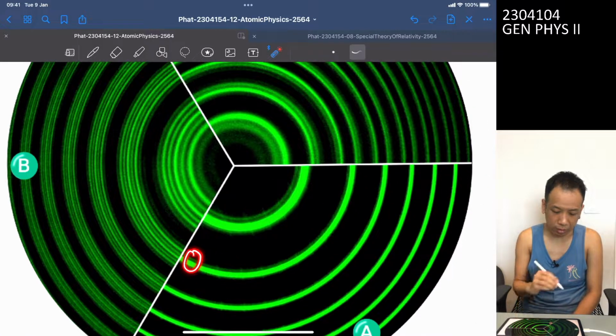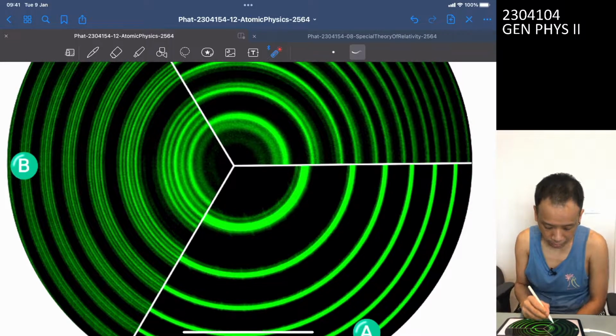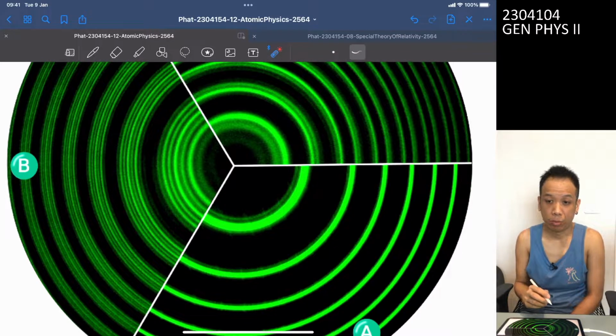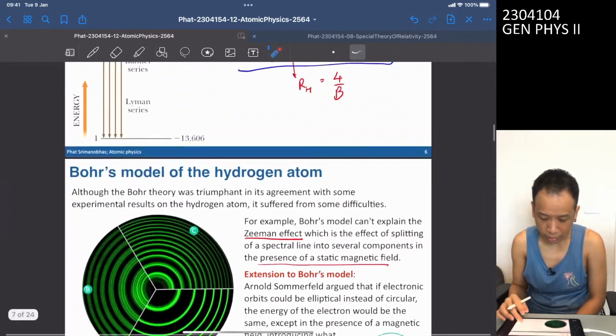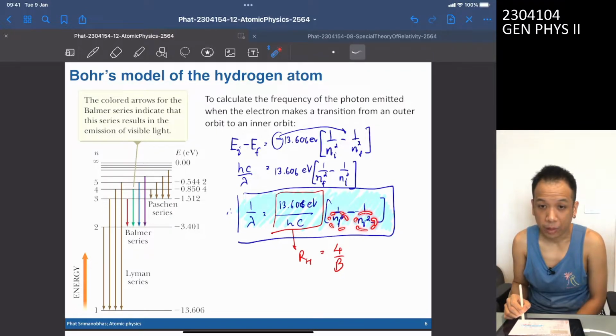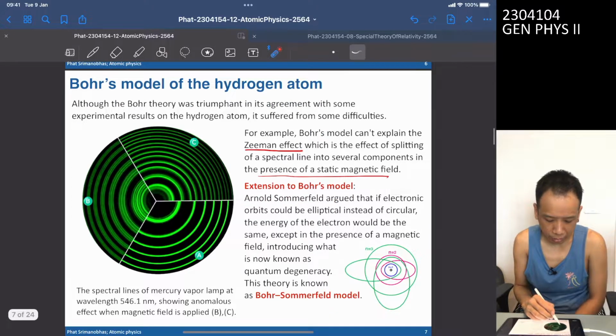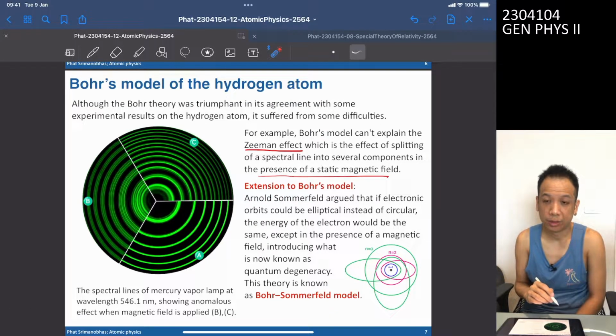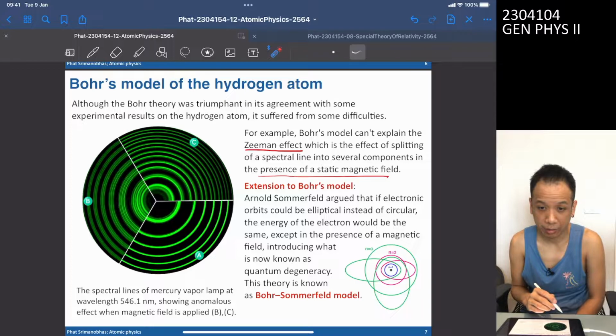Instead of this big line, you have different lines. The Bohr model cannot explain this, because it only includes the state n, which needs to be an integer, so it cannot explain why the spectrum can be split in the presence of magnetic fields.